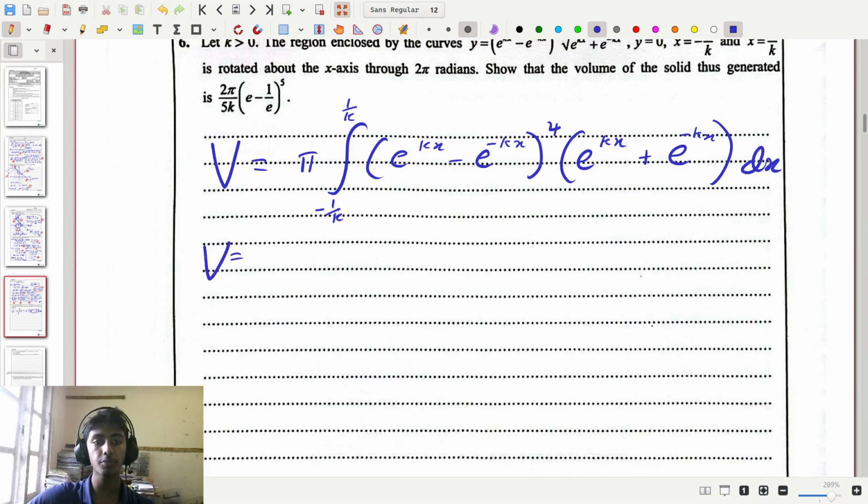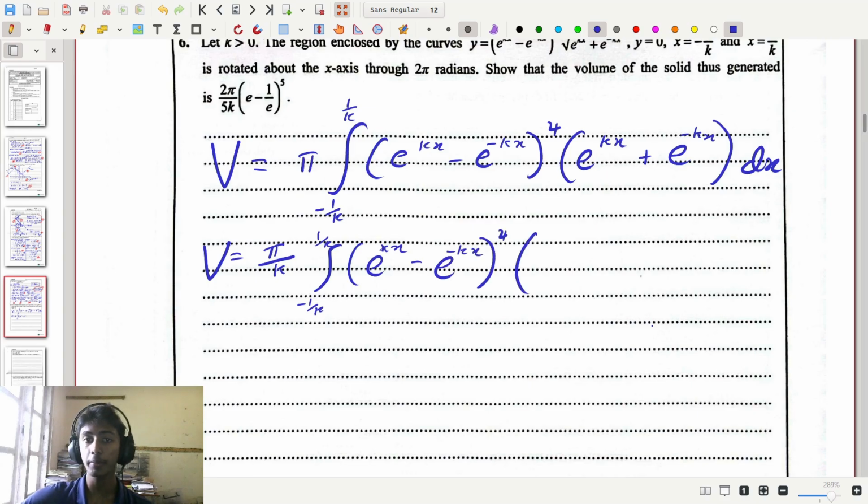So we're going to rewrite this as V equals pi divided by k times the integral from negative 1 divided by k up to 1 divided by k of the same thing, (e to the kx minus e to the minus kx) to the power of 4 times this bit. And what I'm going to do here is to take this 1 divided by k that I divided and replace it with a k here.